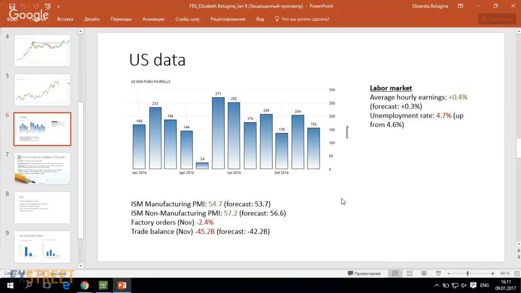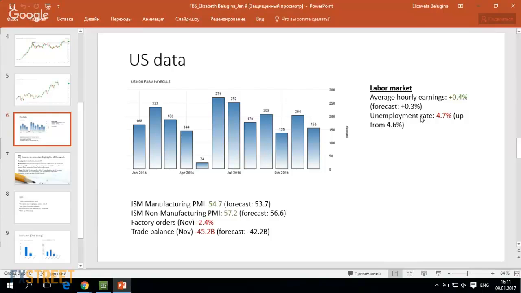And if we look at our labor market indicators, we can see that average hourly earnings rose in December by 0.4%, versus the forecast of a 0.3% increase. And actually, this is the highest wage growth since 2009 in America.